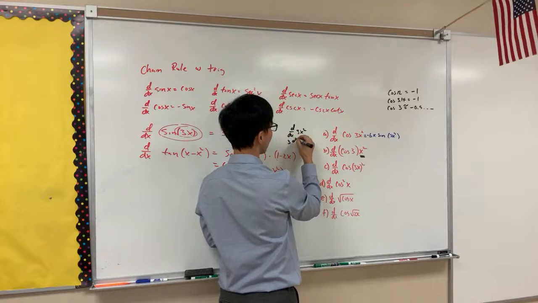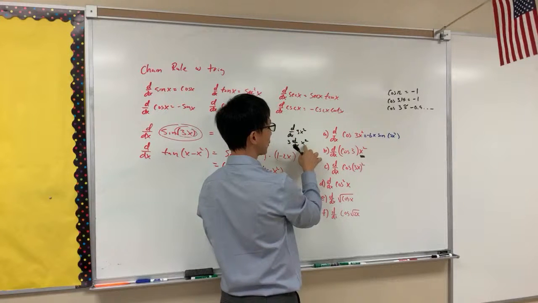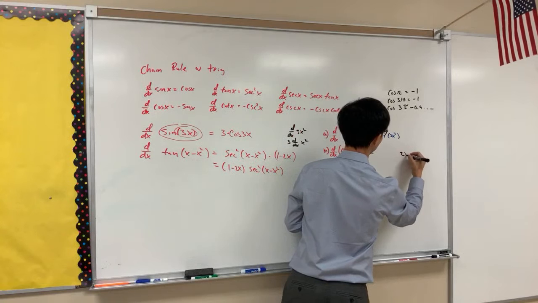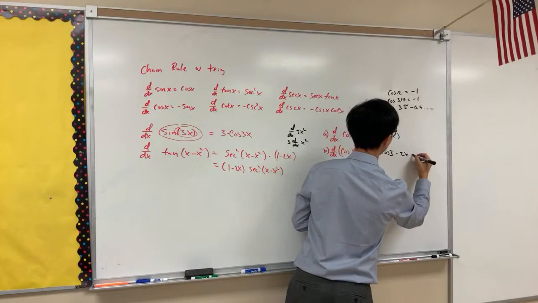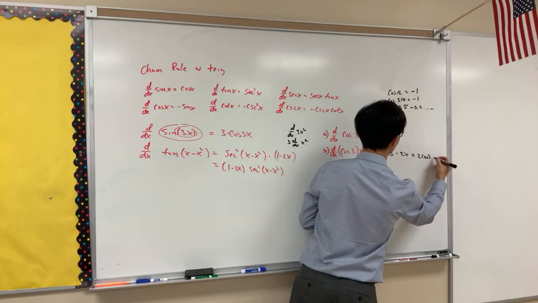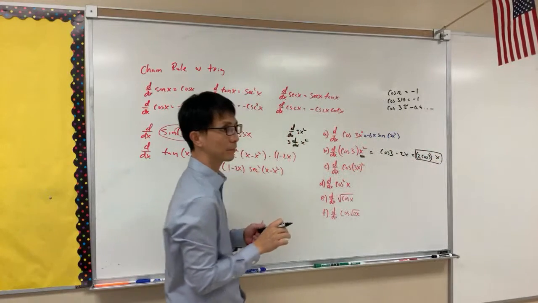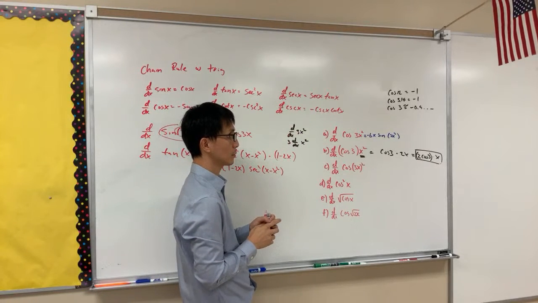Yes. d/dx of x squared is 2x, times cosine of 3. Now I put the cosine 3 in the front, rewrite it, times 2x, and that's my final answer. Make sure there's a parenthesis right here. It's not 2x times cosine of 3.